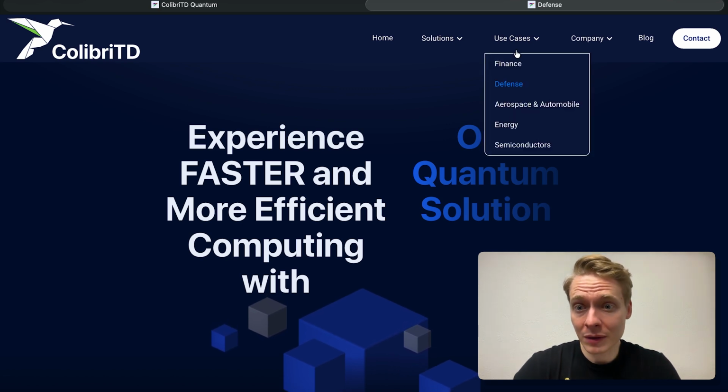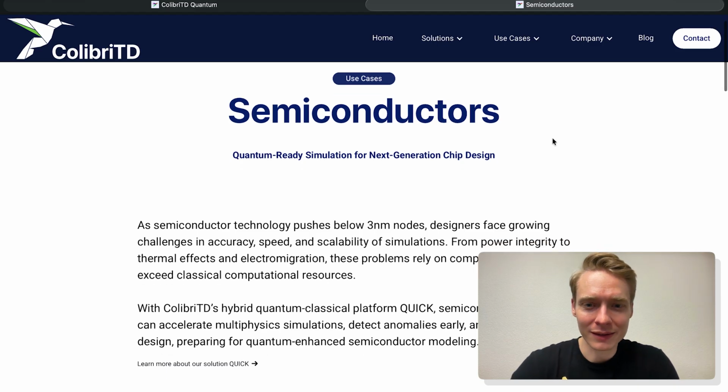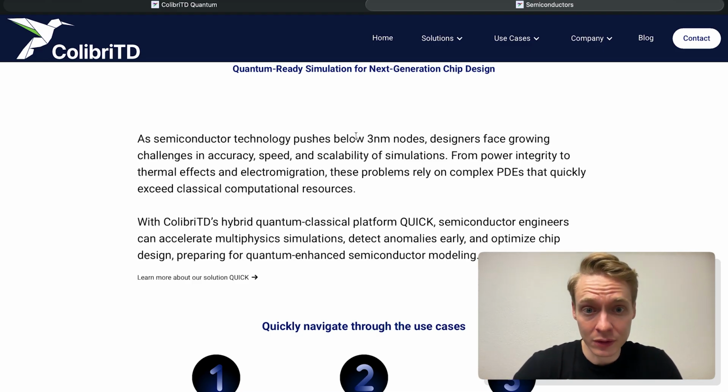Good. Then also jump into the semiconductors really quick before we come to the company itself. So semiconductor is a quantum-ready solution for next-generation chip design. As semiconductor technology pushes below 3 nanometer nodes, designers face growing challenges in accuracy, speed, and scalability of simulations.